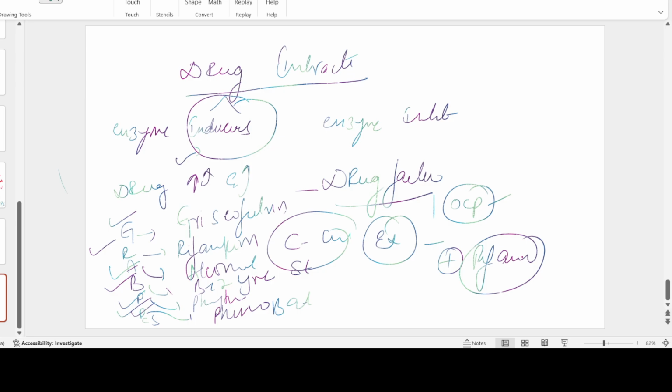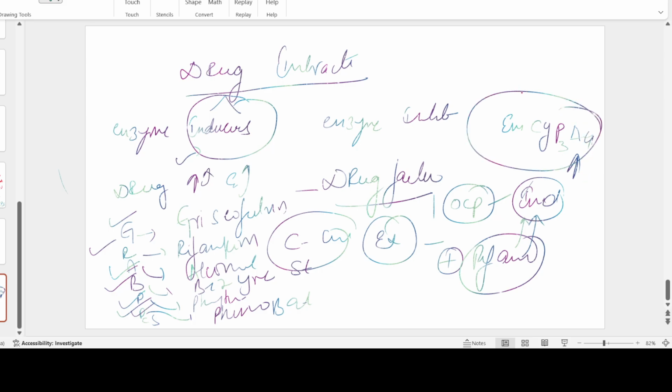What happens is this rifampicin induces, means increases, the metabolic activity of an enzyme. Which enzyme? CYP. I've already discussed this here. CYP 3A4.